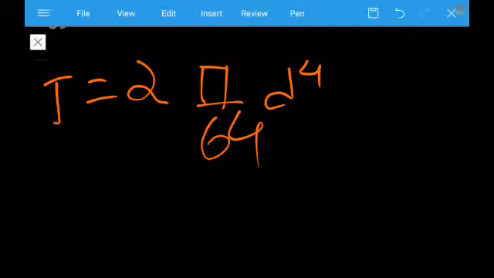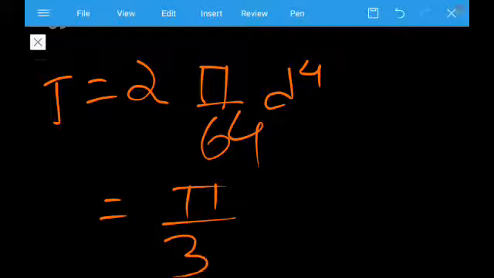We are talking about the polar moment of inertia, and this will be pi upon 32 d to the power 4.